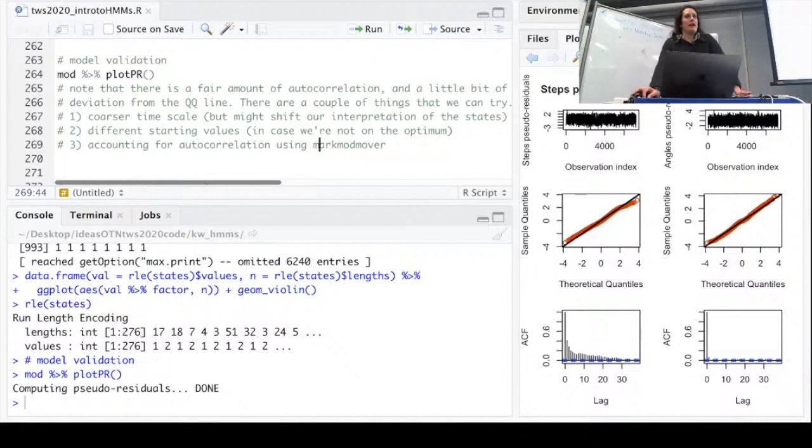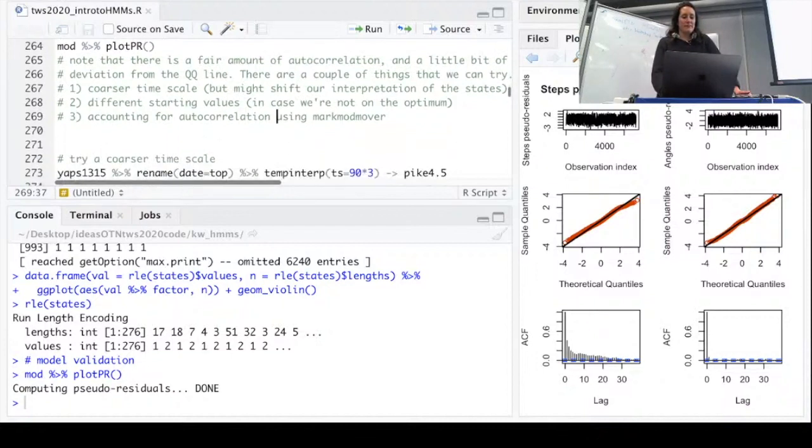I could hack a way to do it in Markov mover probably. Or ask Ethan very nicely. But one way to just tell is by using other starting values, right? You could also try accounting for autocorrelation using Markov mover, which is the second package we'll use.